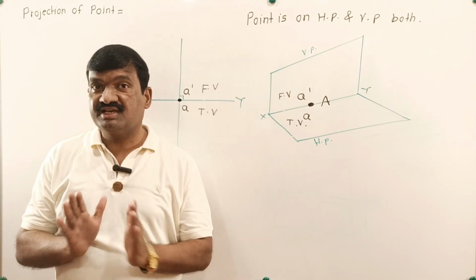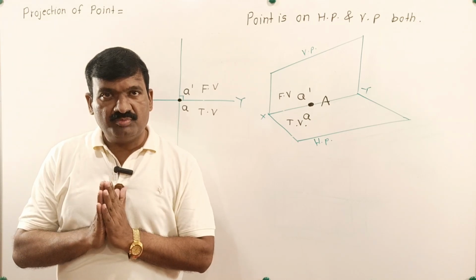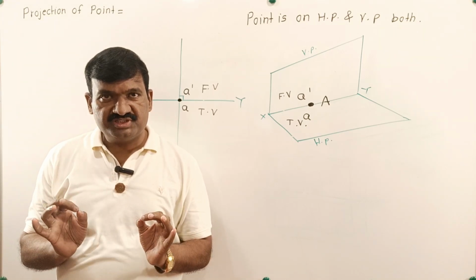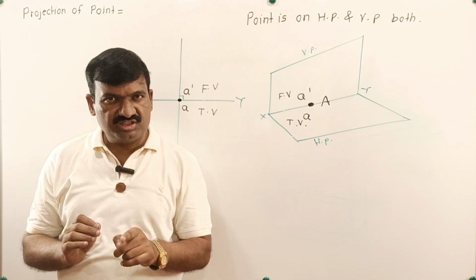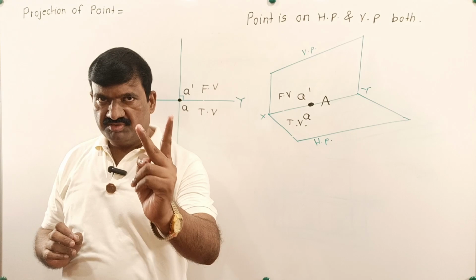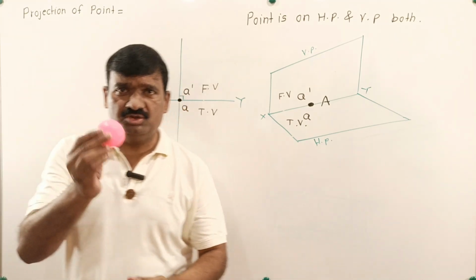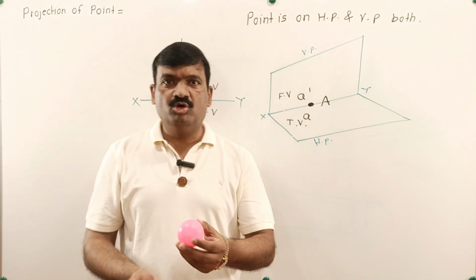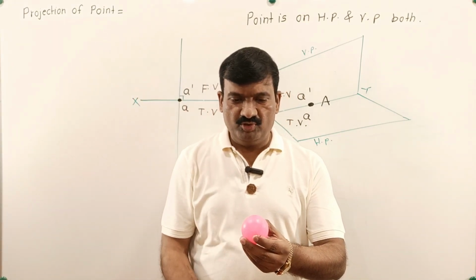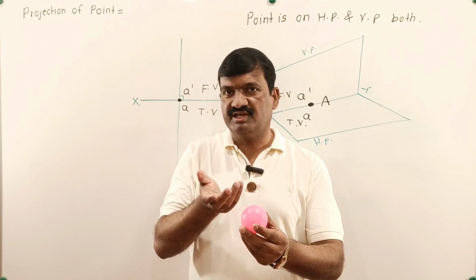So how many concepts did I tell? Concept number 1, front view and top view of a same point is always present on one and same projector, and that projector is perpendicular to XY line. Concept number 2, when any point is above HP, then front view of the point is above XY line.